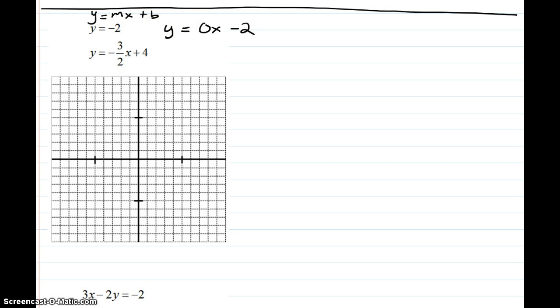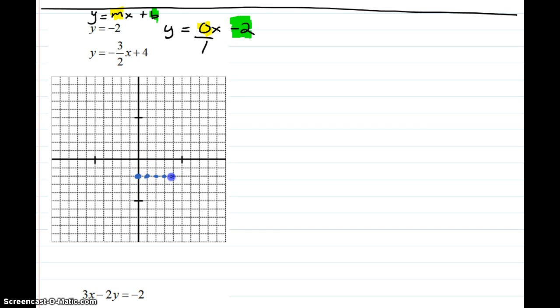So let's go ahead and start by graphing this first one. It has a y-intercept of -2, so we go down to -2. Then it has a slope, and the number in front of the x is 0. So all that means is that we're going to go up 0 over 1. So up 0 over 1, up 0 over 1.